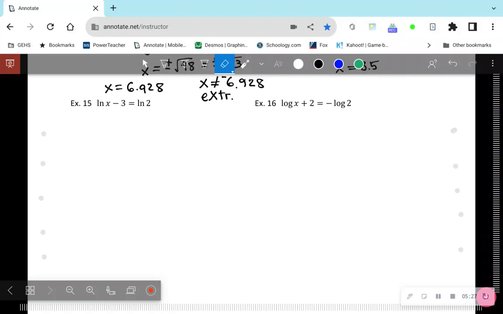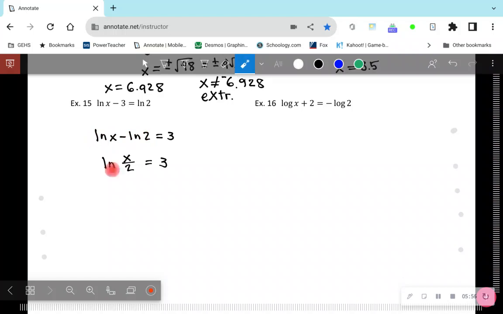Okay, here's another example. The part that we're going to get over to the other side, we're going to take this 3 over there and bring that logarithm back. So that'll take us to natural log of x minus natural log of 2 equals 3. Hopefully you can see that the quotient rule is going to come into play here. So that's going to be natural log of x over 2 equals 3.